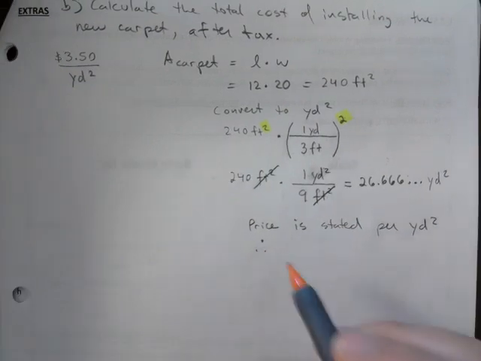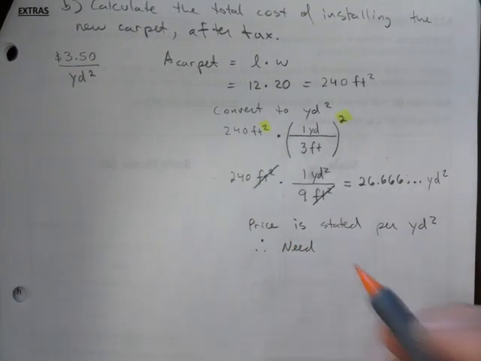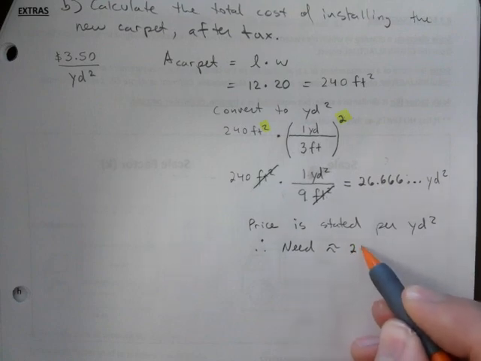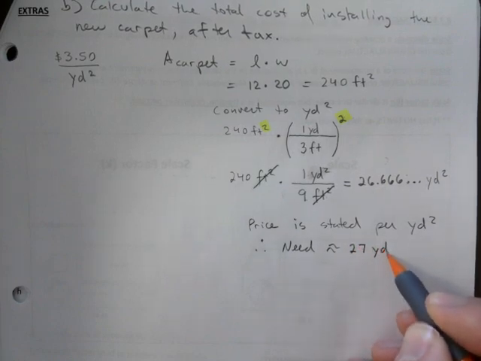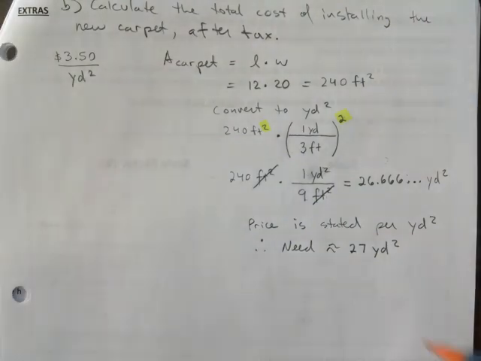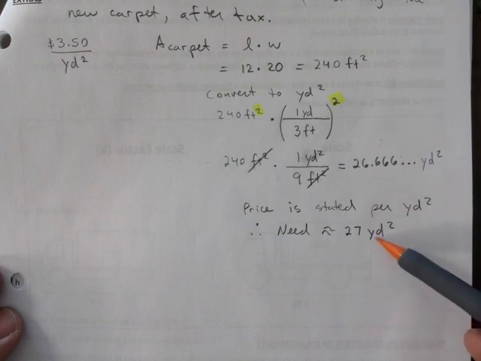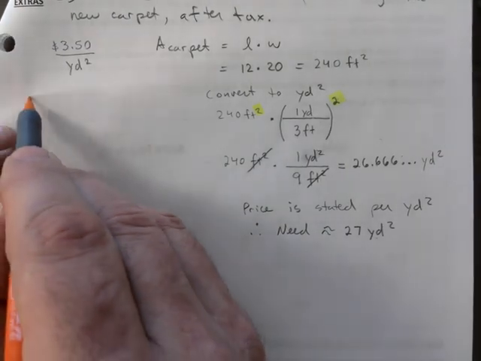Therefore, I need approximately, we're going to round that to 27, correct? 27 squared yards. That's the assumption when we do, just before we do cost, we're going to round whatever we need to cover to the nearest whole square yard. Okay?